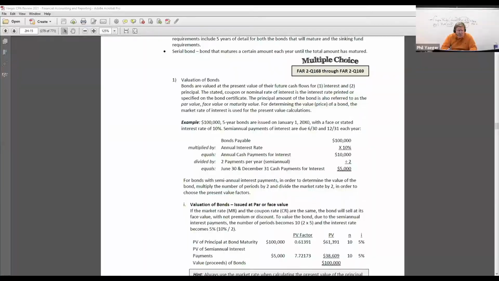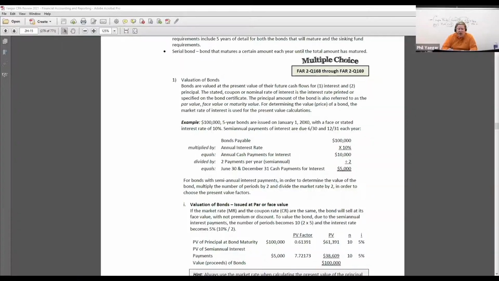Now, here's an example. We have $100,000 5-year bonds issued January 1st, 2020 with a face or stated interest rate. Stated rate, coupon rate, that's the rate you're actually paying on the bonds. Now, semi-annual payments of interest are paid on June 30th and December 31st.